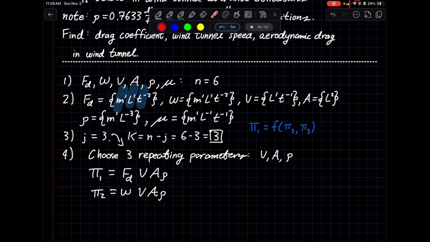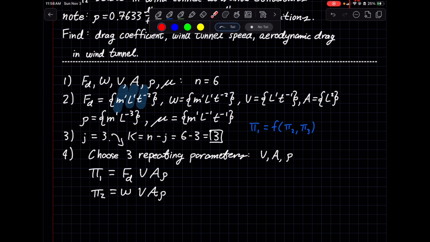But recall up here that we have our drag force and our weight, and both of them are forces. So we have m to the first power, L to the first power, and t to the negative 2 power. So our pi 1 and our pi 2 will actually be exactly the same if we do this. Since they are the same, we can just calculate pi 1, and pi 2 will just be identical because we're using dimensional analysis.